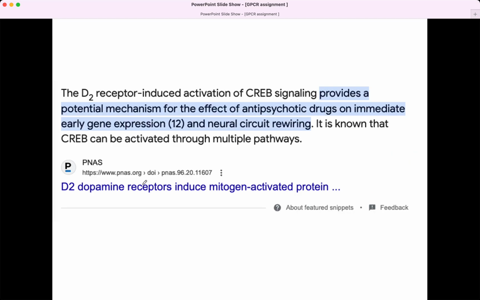So let's just look at an example of the genomic response medically. So here again, you know, the D2 receptor, we know it as the dopamine receptor. Again, it's got names and numbers because of the gene family. Activation of CREB through phosphorylation of the transcription factor and binding to cyclic AMP target genes provides a potential mechanism for effective antipsychotic drugs. So just adding this as an example of the relevance of the dopamine receptor in health and disease.